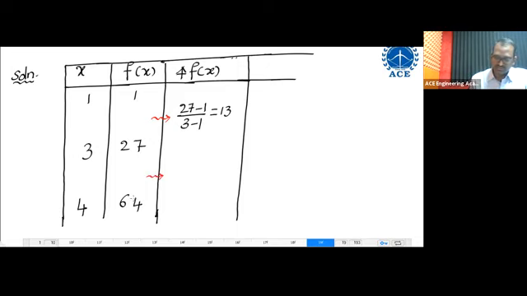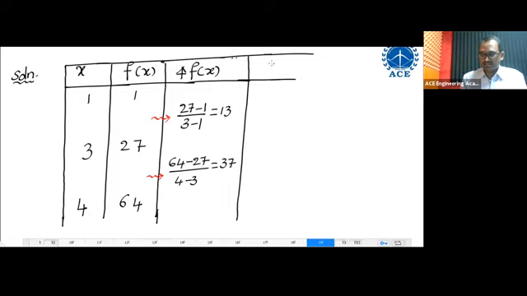This value minus this value divided by this minus this. 64 minus 27 by 4 minus 3 is equal to, what is this value? 37.